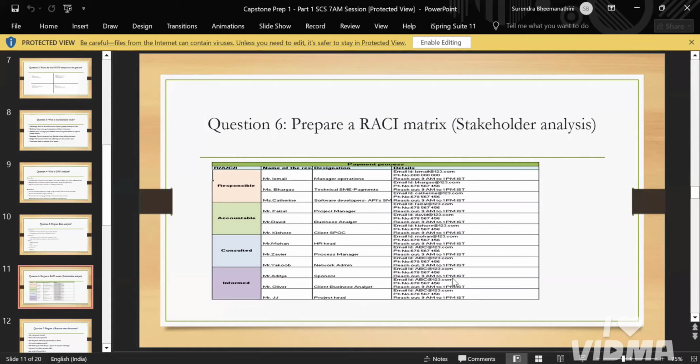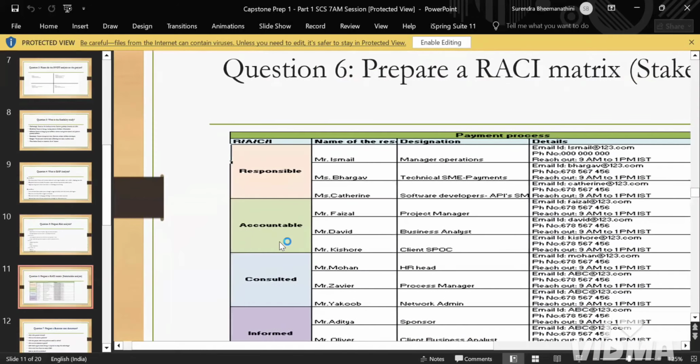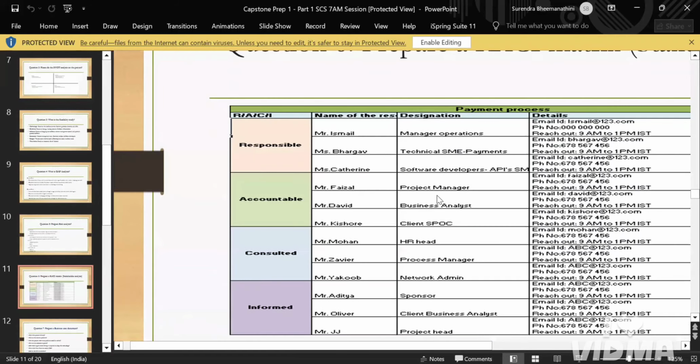For example, responsible can be Bhargav, Catherine and Ismail. Ismail is manager operations, Bhargav is technical SME payments, and Catherine is software developer.